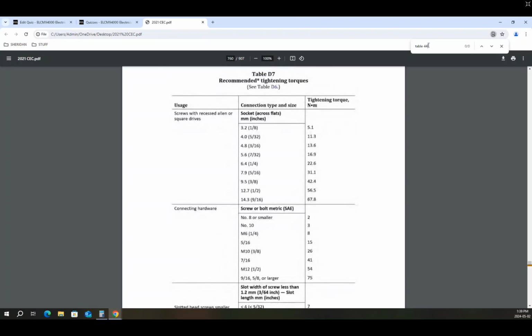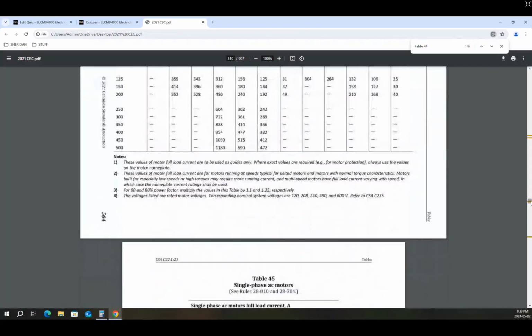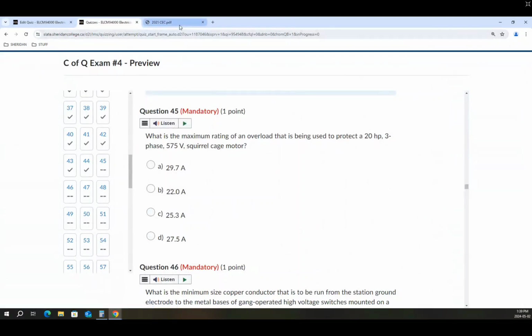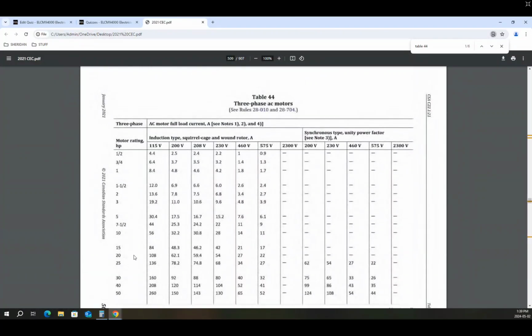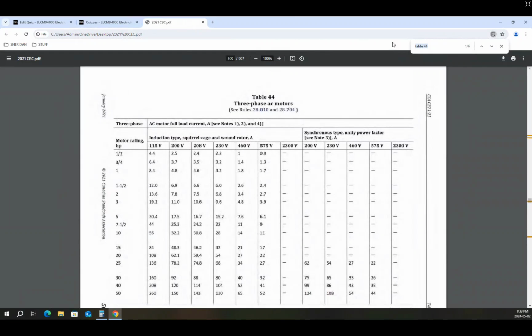So 20 horse 575 is 22 amps. And now for my overload, maximum rating of the overload, I'm going to go to section 28. 306.